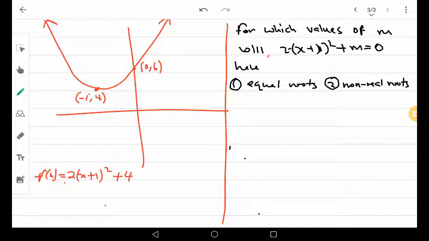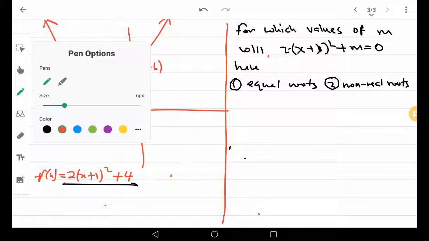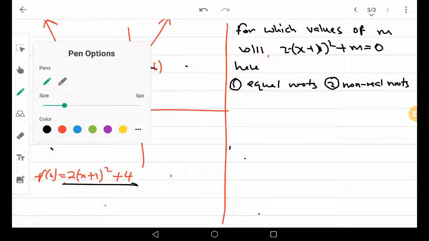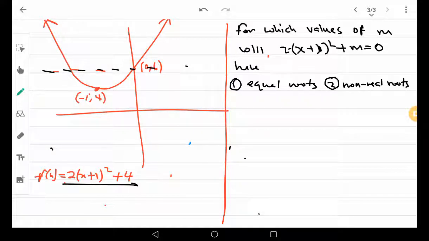If you look at this form, compare it to this form, a completed square. Going to the equation here again, we must first form that equation with m. So first I write 2x plus 1 all squared plus m is equal to 0.